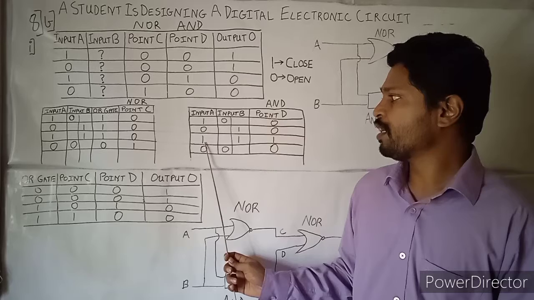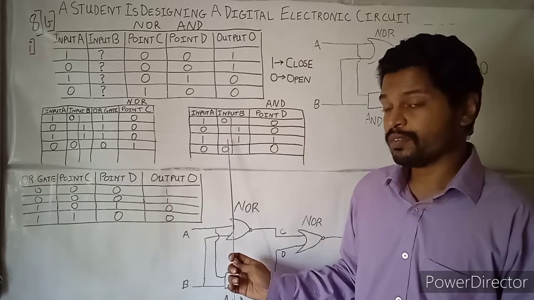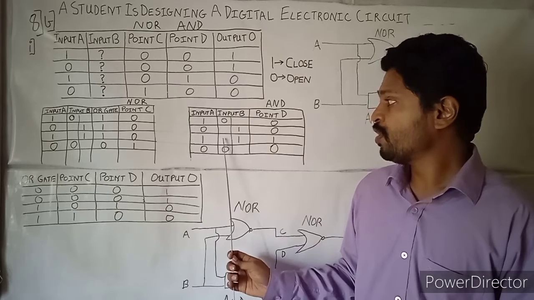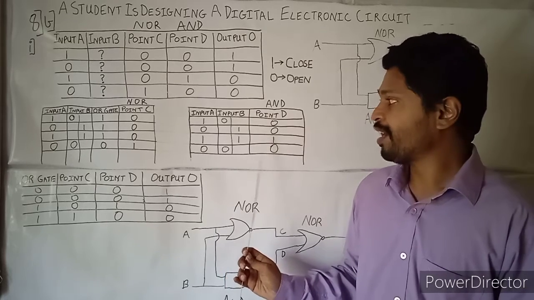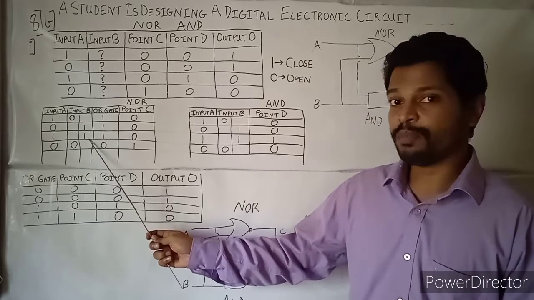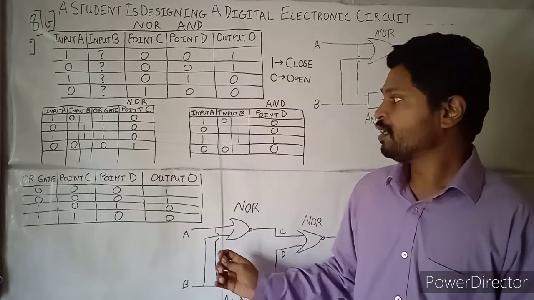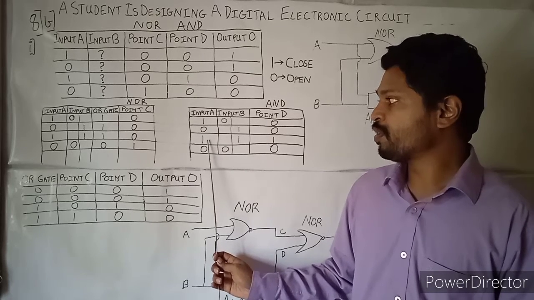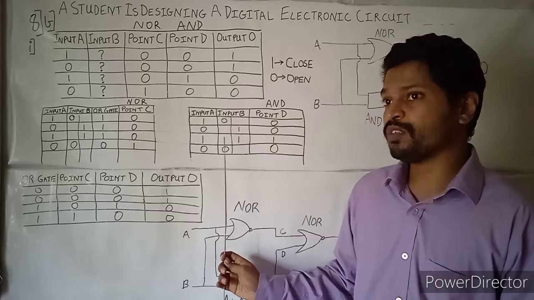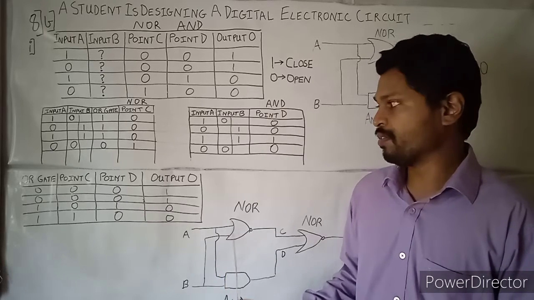Now over here, if it is 1, we can't put 0 here. If you put 0, the answer here will be 0. So we have to look at the table. Here we have taken 1, so we have to put 1 here. In the AND gate, if we put 1 here and 1 here, these two inputs are 1, the answer is always 1 itself.